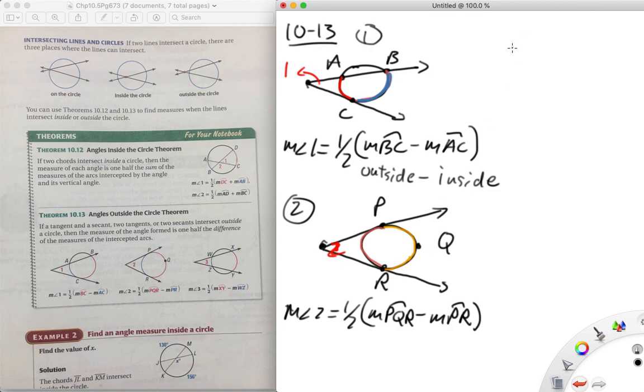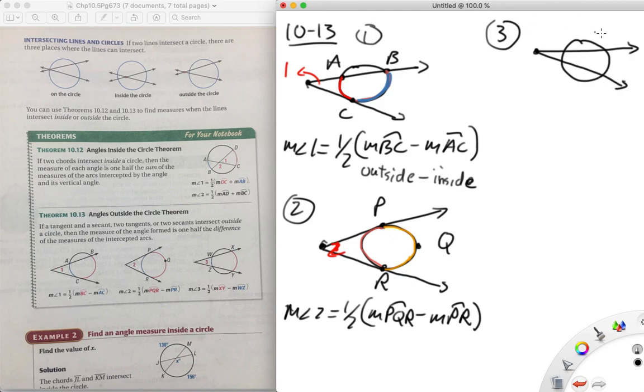And then case number 3. We're going to have 2 chords going through both circles, so no tangent lines. One outside goes this way, outside goes that way.